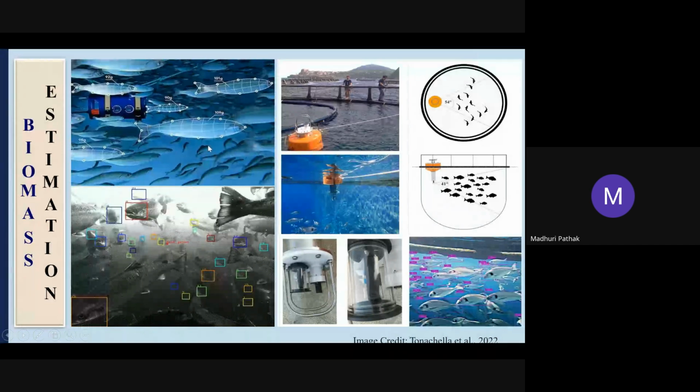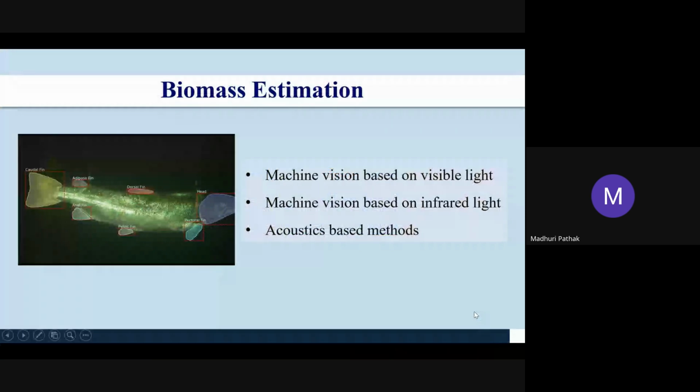These are the cages where, based on their size and weight, you can estimate how much catch is happening in the cages. You can see this image. These are the automation techniques being used.